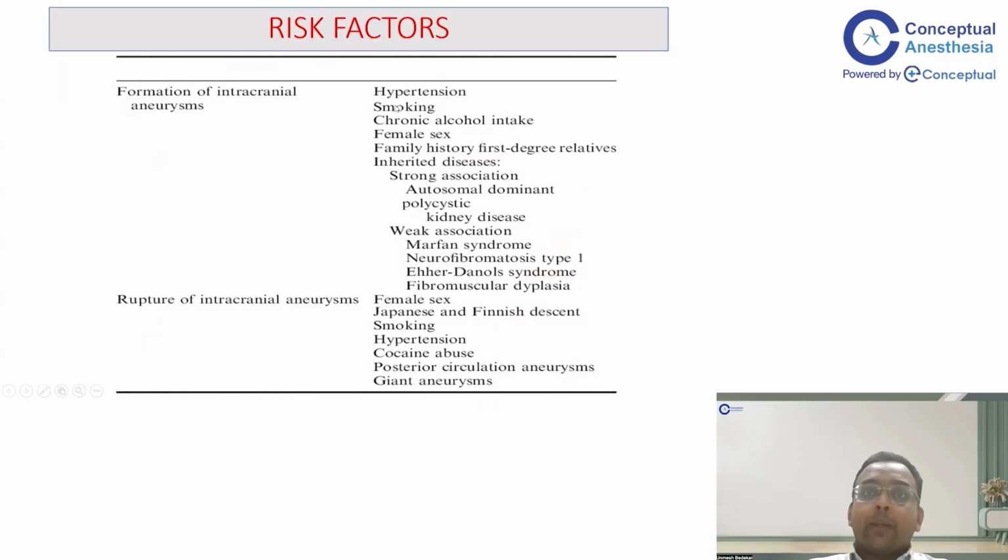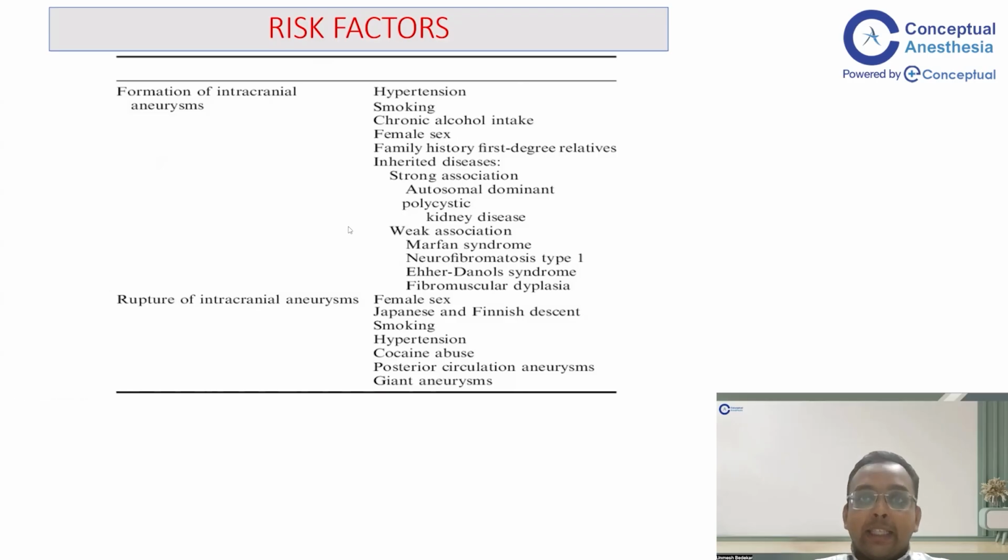When we say aneurysm, there are certain fixed risk factors which lead to the formation as well as the rupture of aneurysm. When we think of formation of aneurysms, they are mainly seen in patients who are chronic hypertensives, uncontrolled hypertension, smokers, chronic alcohol intake, female sex and family history of first degree relatives. They have higher incidences of aneurysm formation.